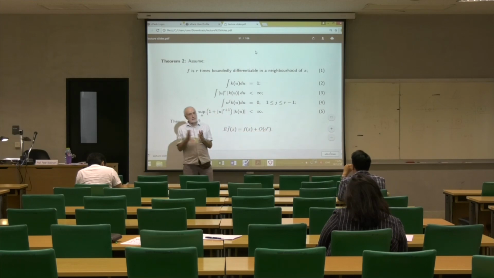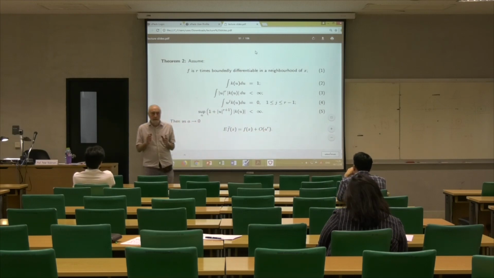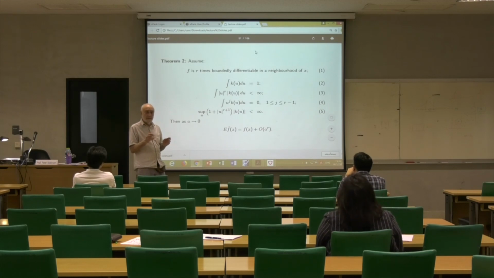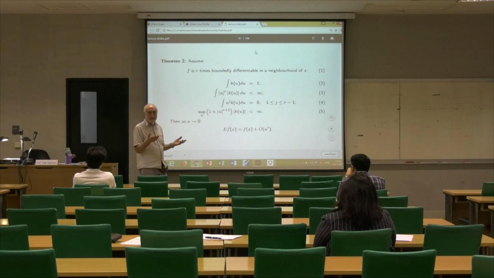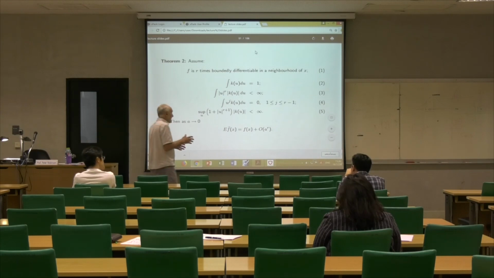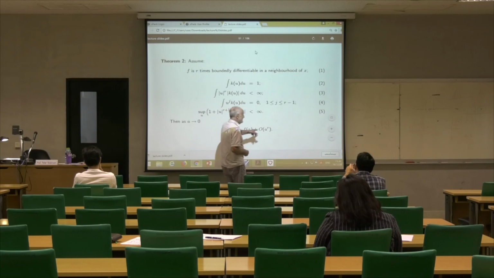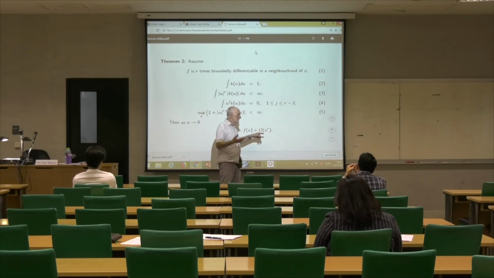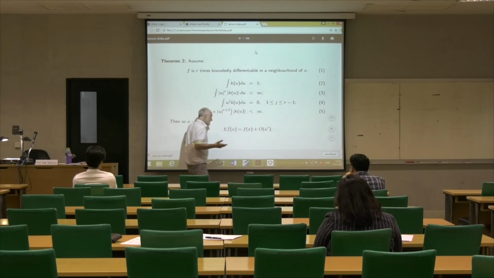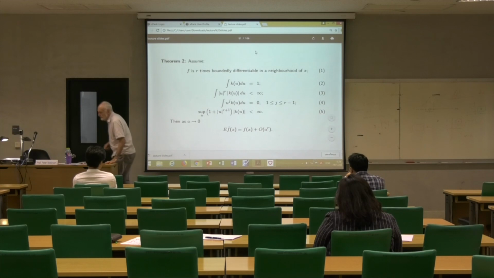The point is that A gets small, so the larger R is the better. Okay, but eventually A is going to be less than 1, all right? Because it's going to 0. So therefore, it's going to 0 at a fast rate. Obviously, if A was large, the bias would be larger, if A was larger than 1. But we're concerned with as A goes to 0, so eventually A is going to be, of course, less than 1.